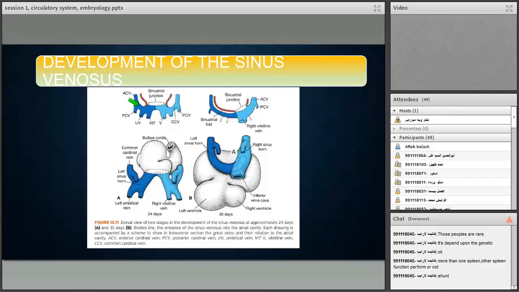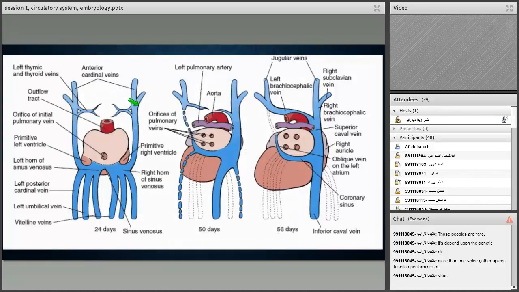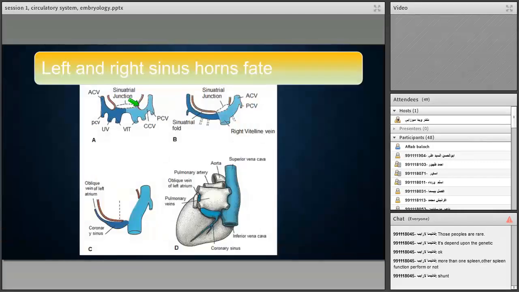And the thing that just remains from the left sinus horn is the oblique vein of the left atrium.